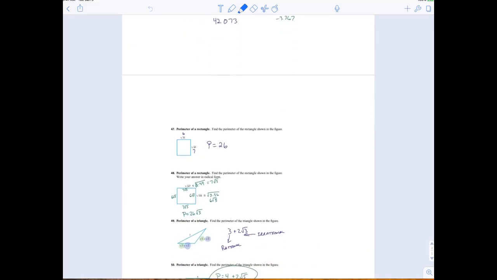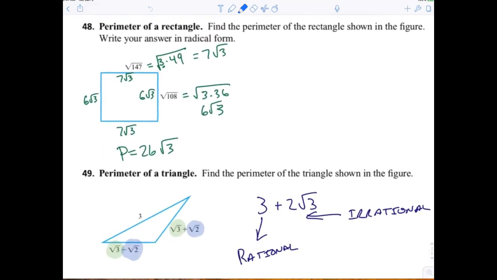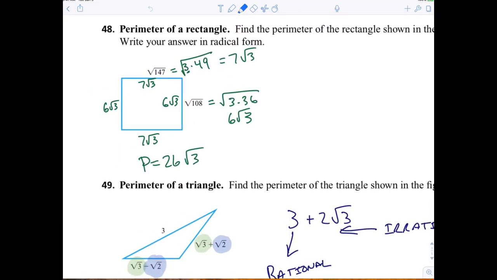Let's look at 48. You see how you're looking at 147? And 147 breaks down to 3 times 49, and the square root of 49 is 7, so that side is 7 radical 3. Agreed? And then the square root of 108.